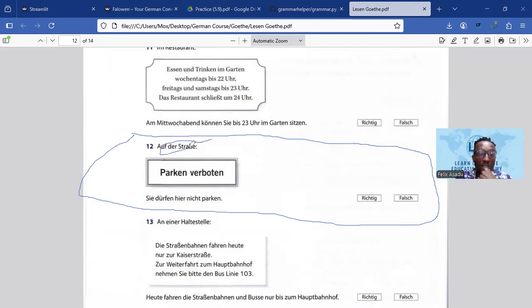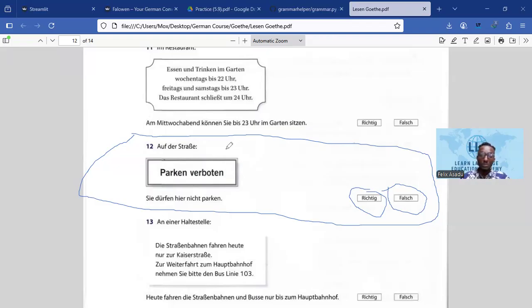So they have auf der Straße, and they have parking verboten, right? This is what is on the street. And they're asking the question that Sie dürfen hier nicht parken. Do you think it is richtig or falsch?